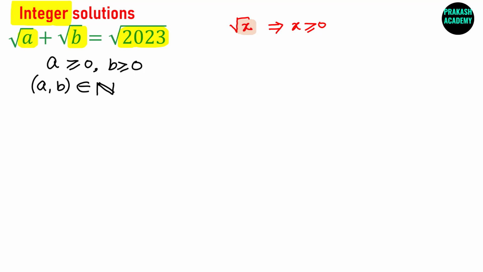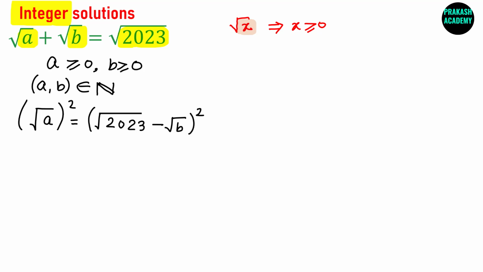Now see how we should proceed. As usual, we will take one root to the other side and then we will square so that we can remove the root term. So let us take root b to this side and then square both sides.